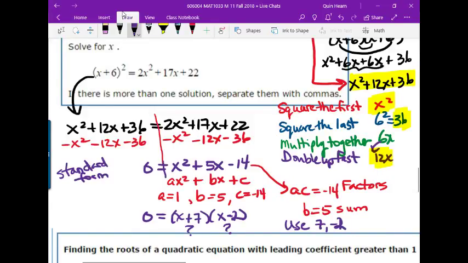The only way that can happen is if one of them is equal to 0. So either x plus 7 is equal to 0, or x minus 2 is equal to 0. If x plus 7 is equal to 0, then x is negative 7. If x minus 2 is equal to 0, then x is 2. So our solution set includes negative 7 and 2.